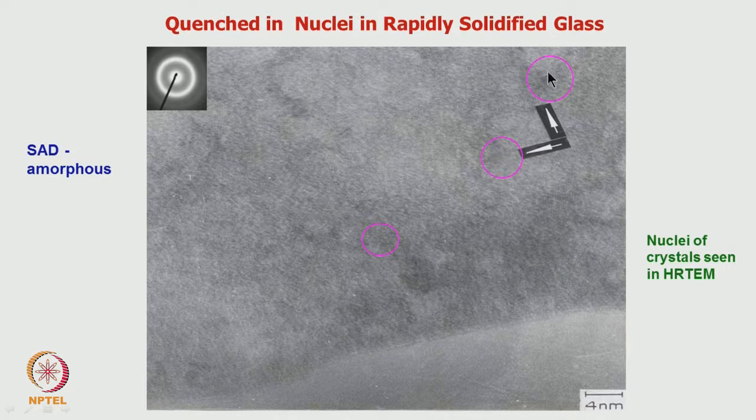This has been used to find out the size of the nuclei and the number density of the nuclei. Like this you can think of how to use it to get as much information as possible in the study of phase transformation.